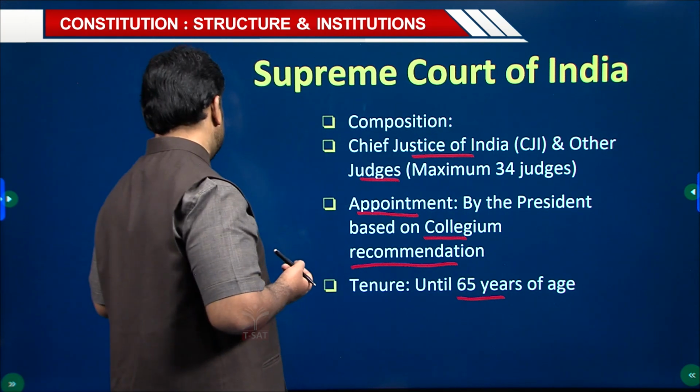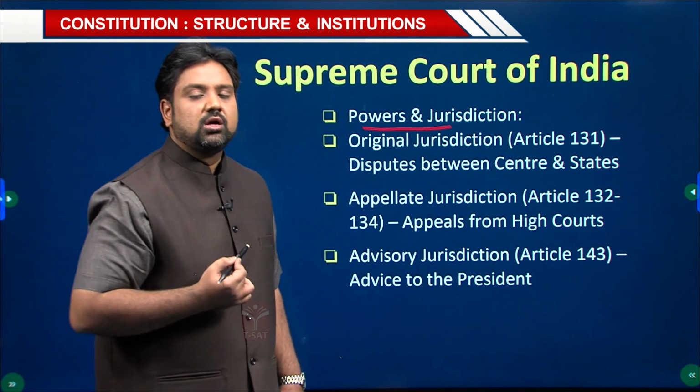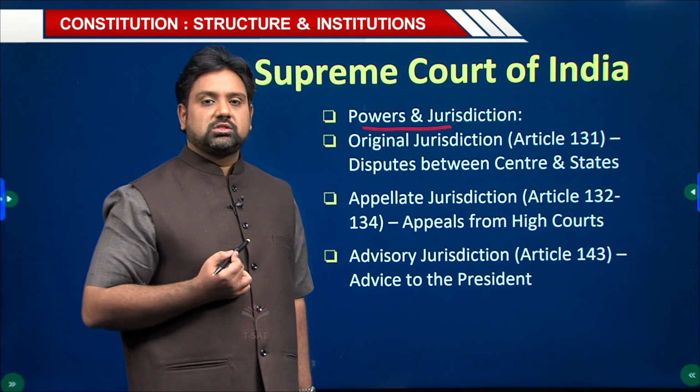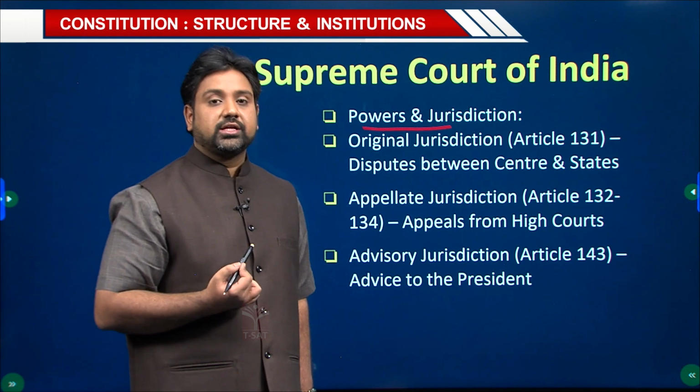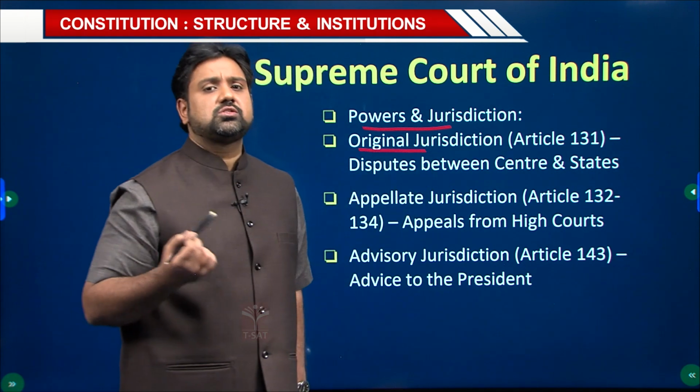Now, coming to the powers and jurisdiction, this is the most crucial part. The first and foremost power enjoyed by the Supreme Court of India is the original jurisdiction. Jurisdiction means scope of authority.